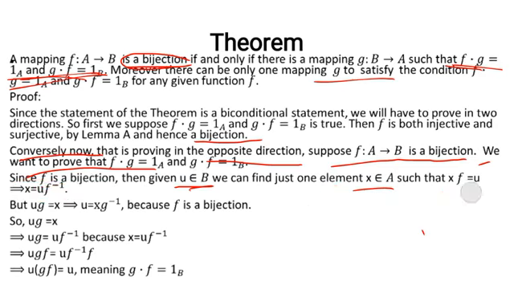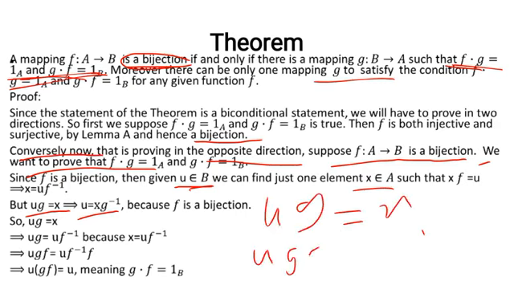And because it's a bijection, I can have UG to be equal to X. And then you repeat the same procedure, so UG equal to X. I can take G inverse on both sides. So now this is X, right? This will now be X G inverse. Okay, so this goes to identity, so that's how I got this one here.